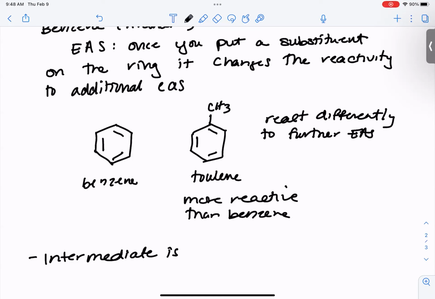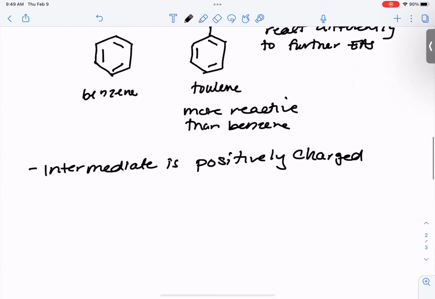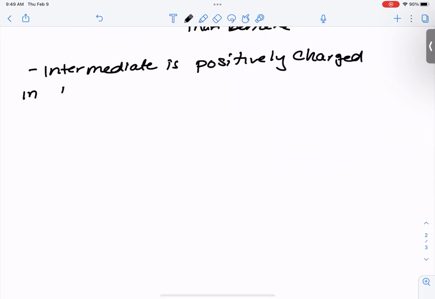When we added a nucleophile to the ring, we got a negative charge on the ring. When we add an electrophile to the ring, we get a positive charge in the intermediate. So the intermediate is positively charged in your electrophilic aromatic substitution. So when you put an electron donating group on the ring, you activate the ring, right?